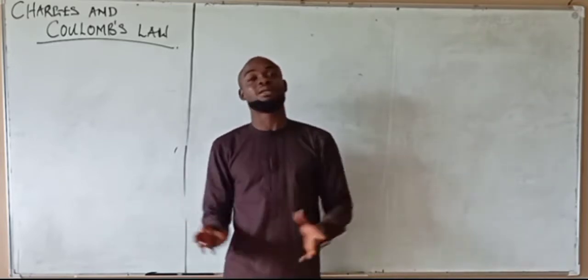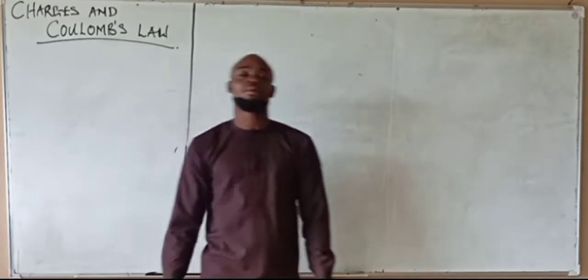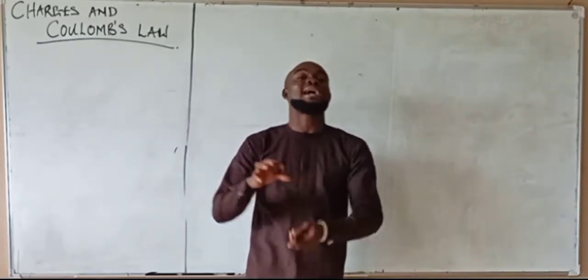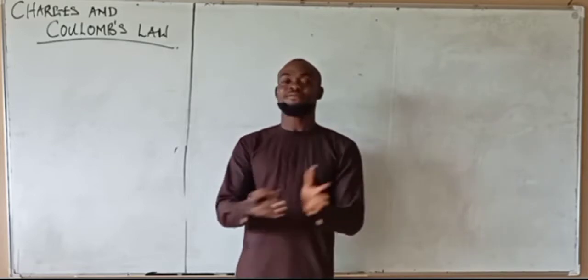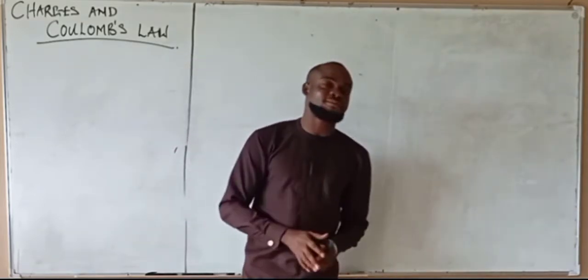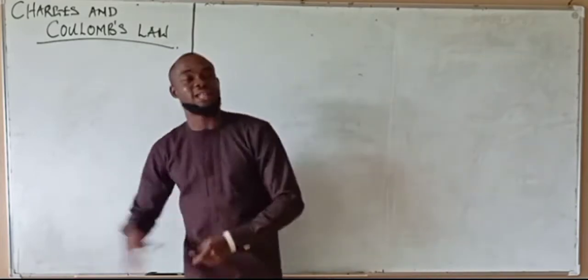Or the electrically charged bodies can be presented in two forms, which can either be a positive charge or a negative charge. It can either be what? A positive charge or what? Or a negative charge.